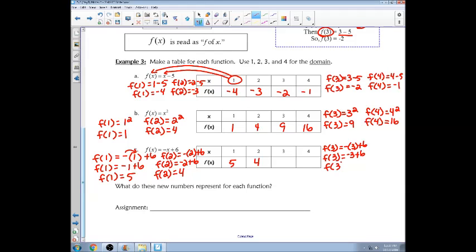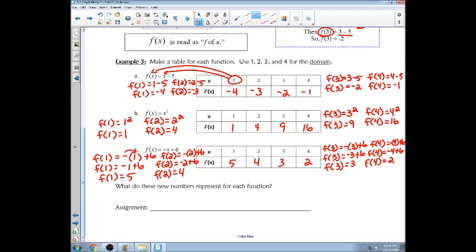So f of 3 would equal positive 3. Same thing with 4. F of 4 is equal to negative parenthesis 4 plus 6. So f of 4 is equal to negative 4 plus 6. So f of 4 is equal to 2.